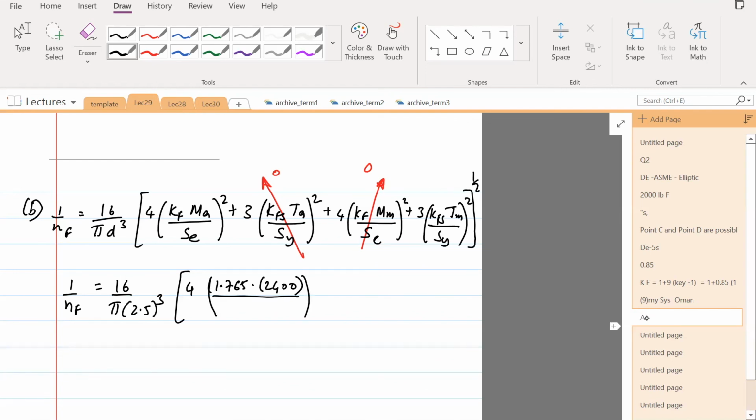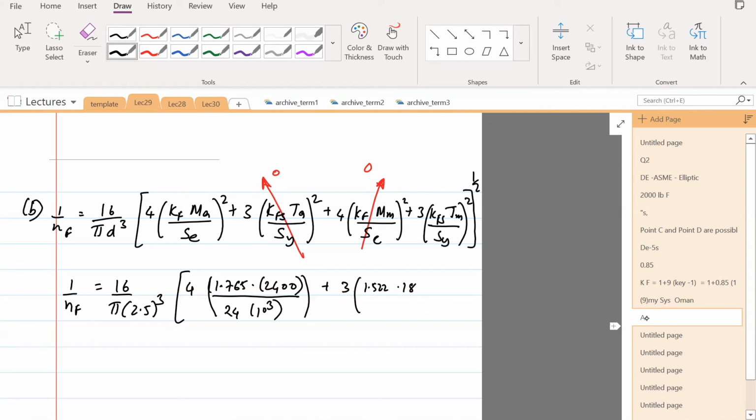SE is 24 tangents to 3 plus 3 KFS, 1.522.